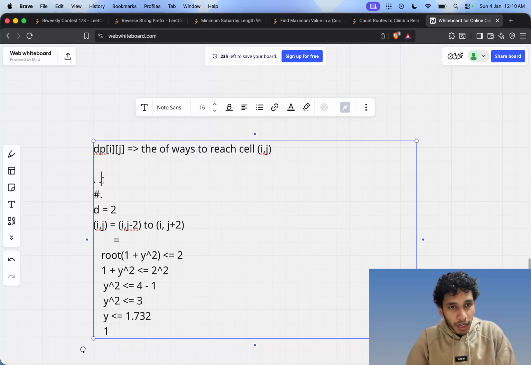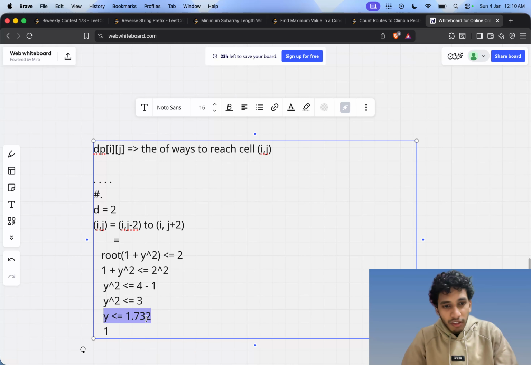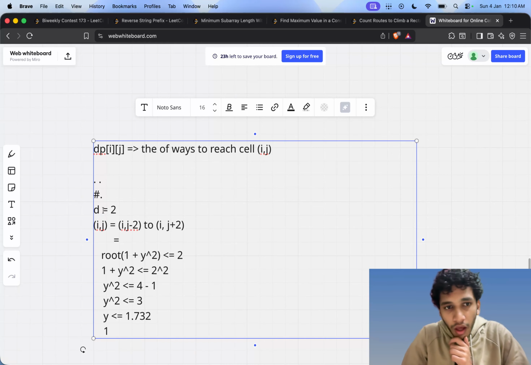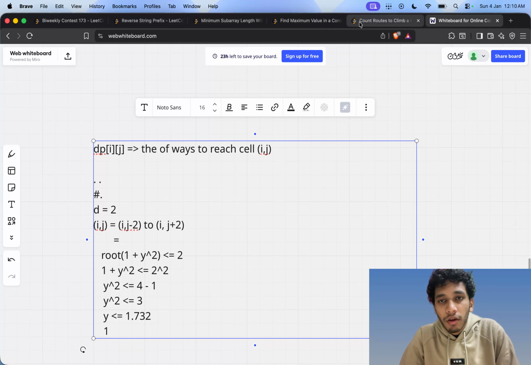This one we could move. If there was a cell here, we could move to this cell. If there was a cell after this one, we could not move to this cell, because a change in y is smaller than or equal to 1.732, and here change in y would be 2. All right, but we are given only one cell here in the upper row.